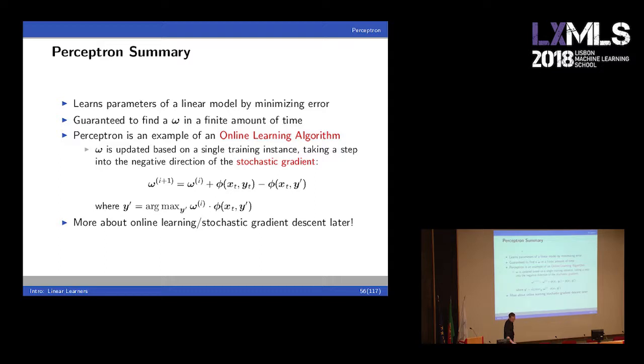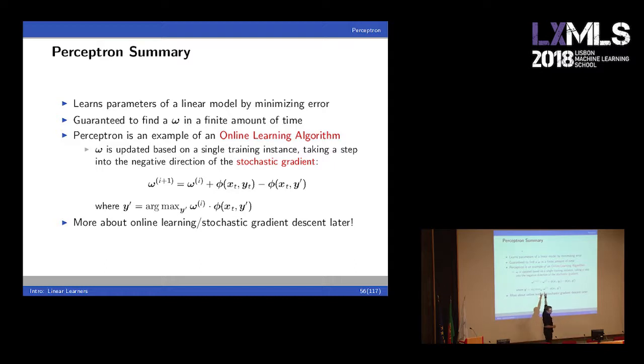So to summarize what the perceptron algorithm does: it's an online learning algorithm. It looks at one example at a time and does an update, one example after the other, by following the negative direction of the stochastic gradient. Stochastic means the gradient for this one sampled example.